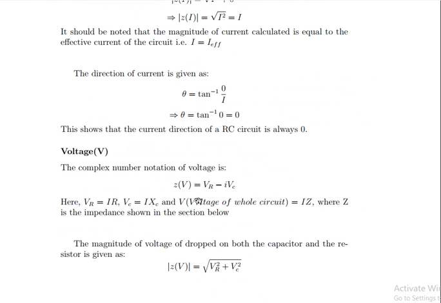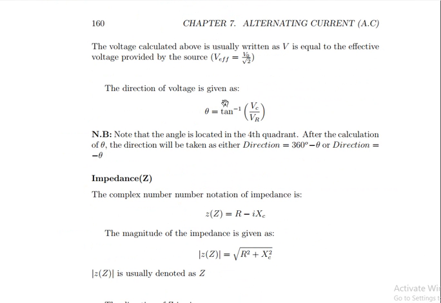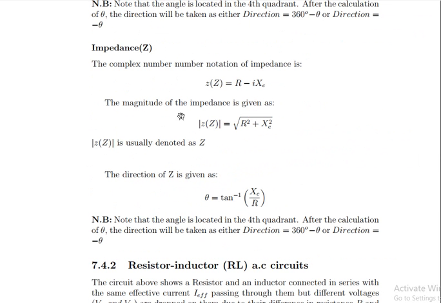From this complex number notation, you can find the magnitude of the voltage as the square root of VR squared plus VC squared, and the direction to be equal to tan inverse of VC over VR. But now you need to know that it is lying in the fourth quadrant. Since it's lying in the fourth quadrant, the direction can be written as negative theta, or as 360 minus theta.